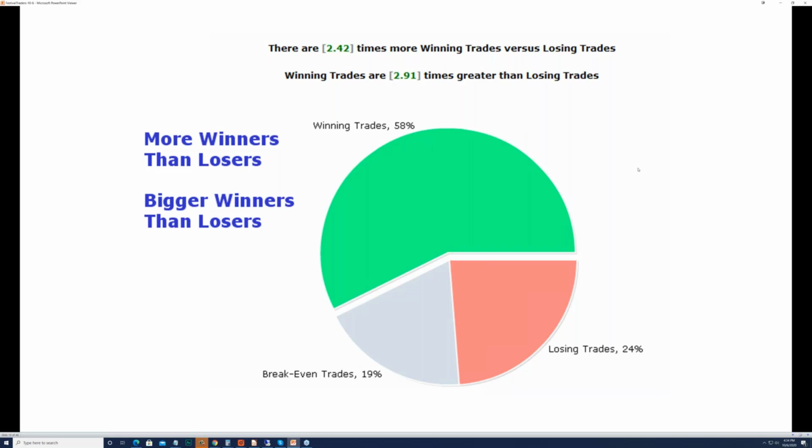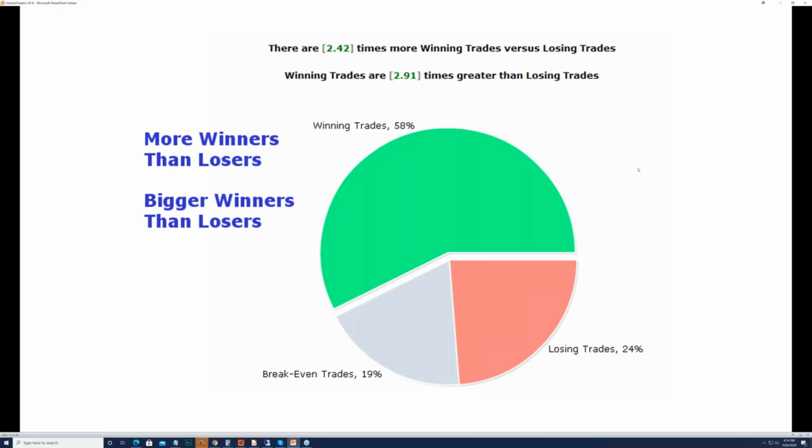Now what we'd like to see is our trades pan out something like this. We'd like to see more winning trades versus losers. You've heard that you don't have to win all the time. You could actually lose more than you win, but still make money because you'd have big runs. Yeah, that's true. That works well in investing or swing trading a lot of times, where you can really let things run.